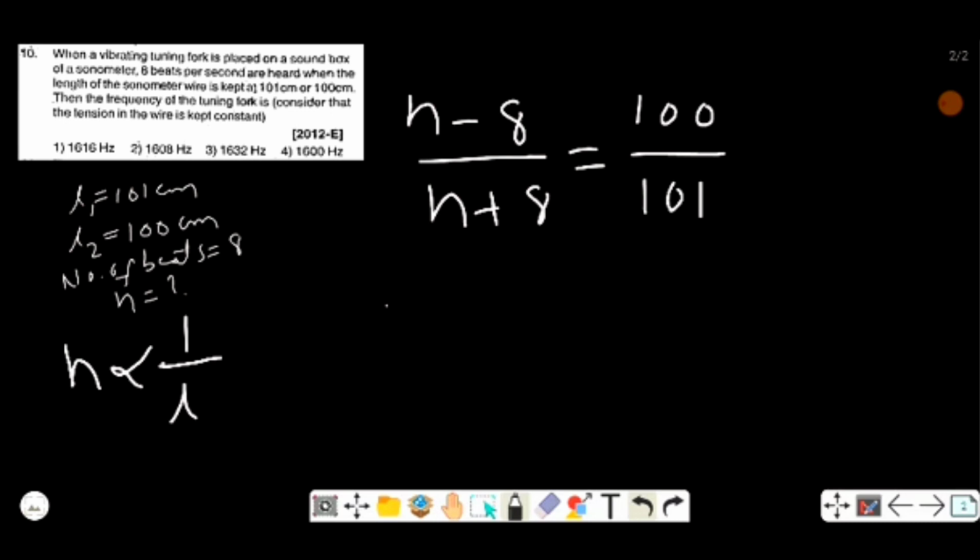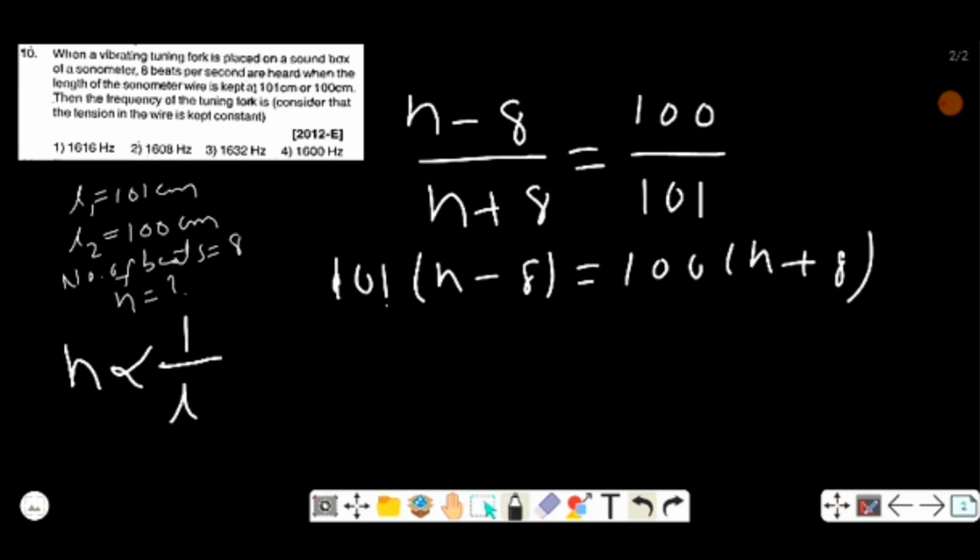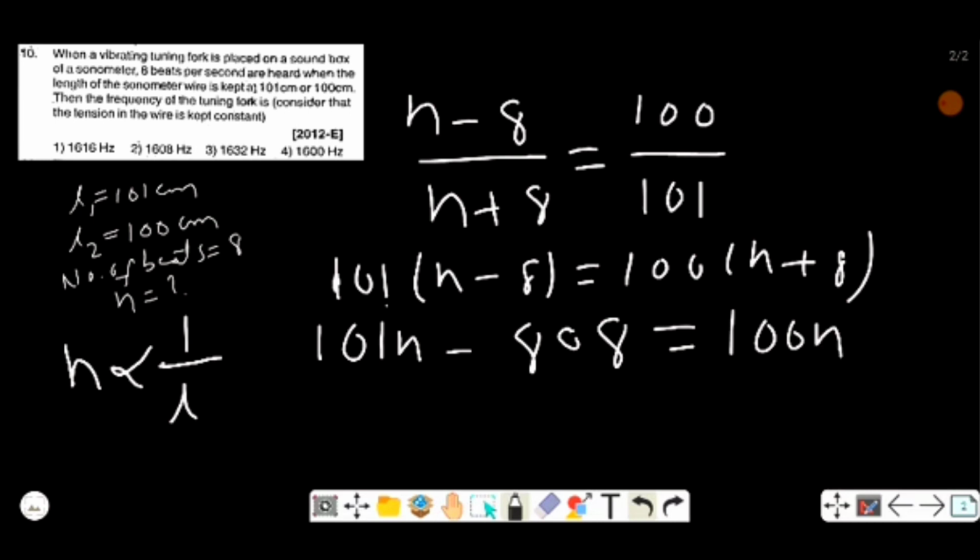So cross multiply them, 101 into n minus 8 equals 100 into n plus 8. So 101 n minus 808 is equal to 100 n plus 800.